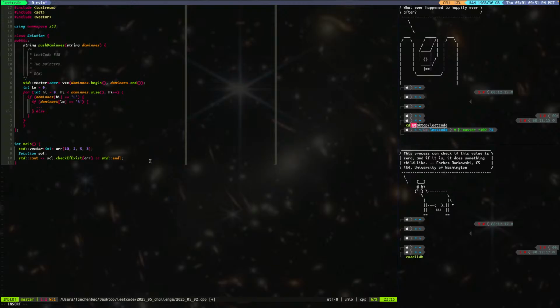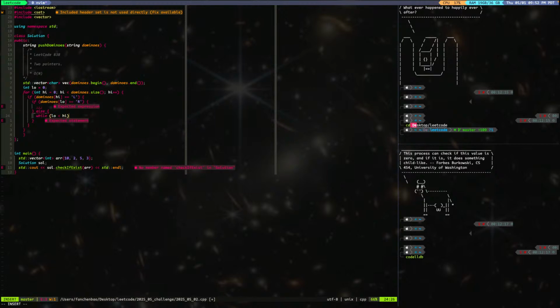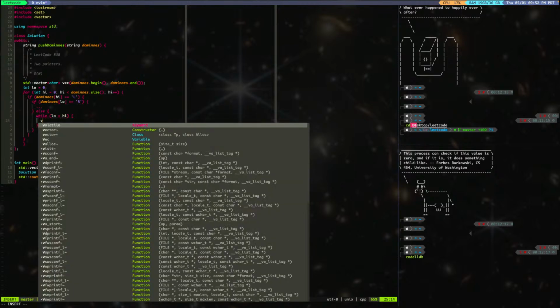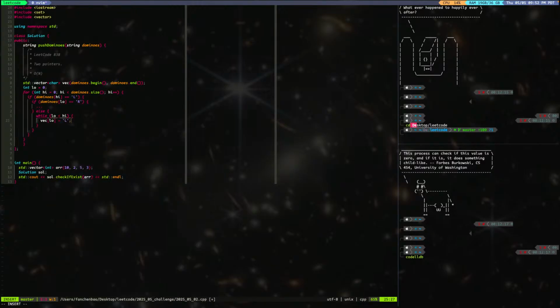Then it's a left, and low is a dot or L. What we're going to do is turn everybody into an L and say while low is smaller than high, vec low is equal to L, and then low plus plus. Until it hits, right?